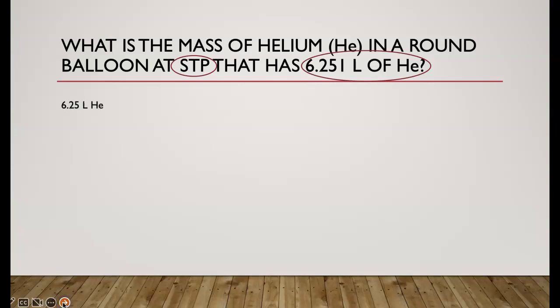So how did you do? Hopefully you started with the given as always. And then for this one, all you had to do was use that conversion that 22.4 liters is 1 mole, and then convert to grams using your molar mass.